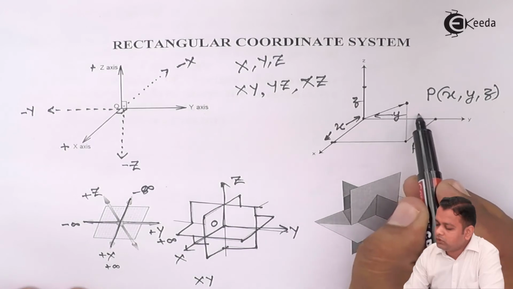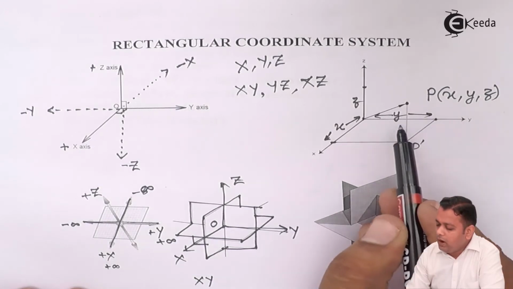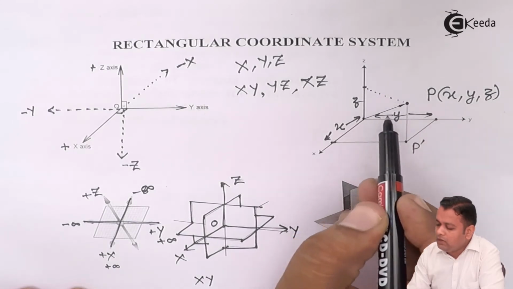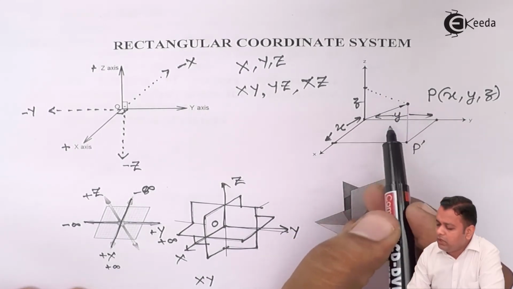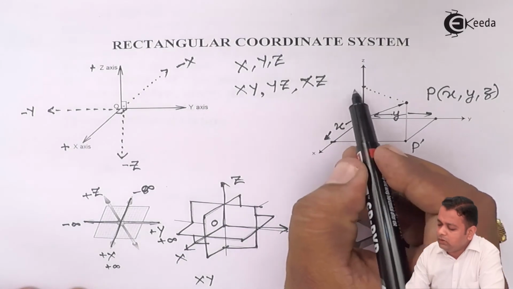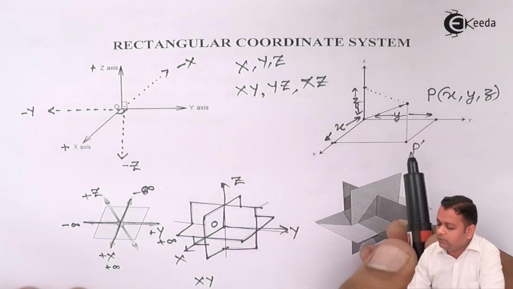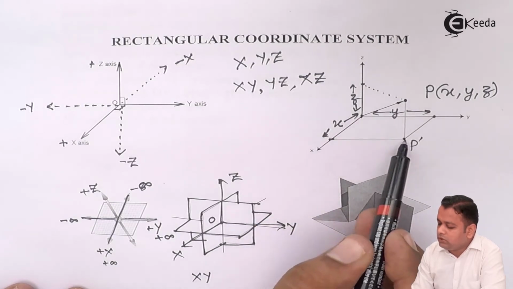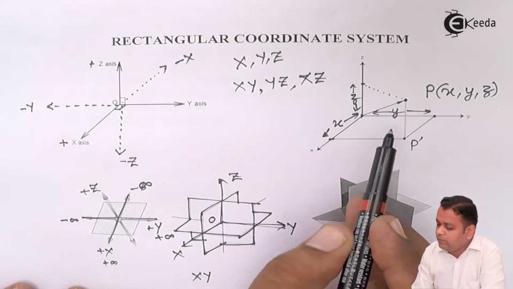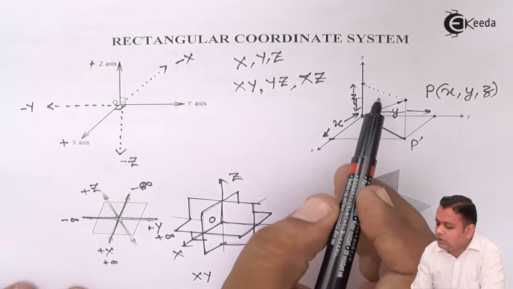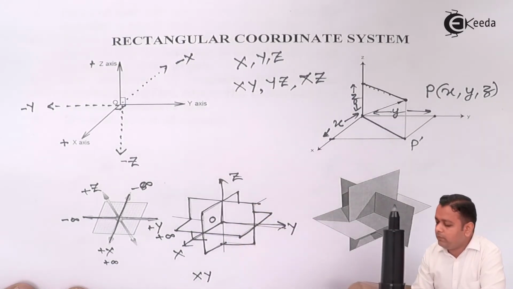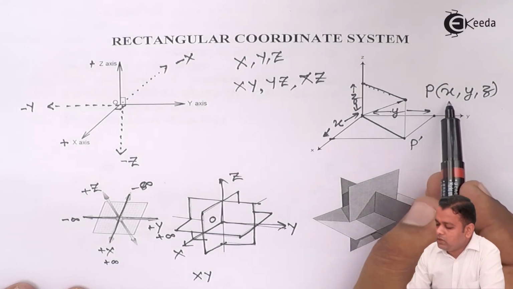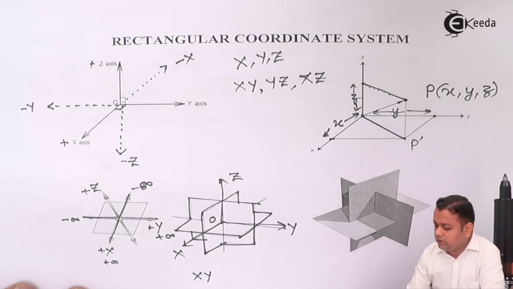So this is the small y dimension, and if you drop a perpendicular onto the z-axis, the height attained by the point P from the xy plane or from the origin is z. If you join the origin to this P dash in the xy plane, this line and this line are parallel. So these are the measures of length x, y and z.